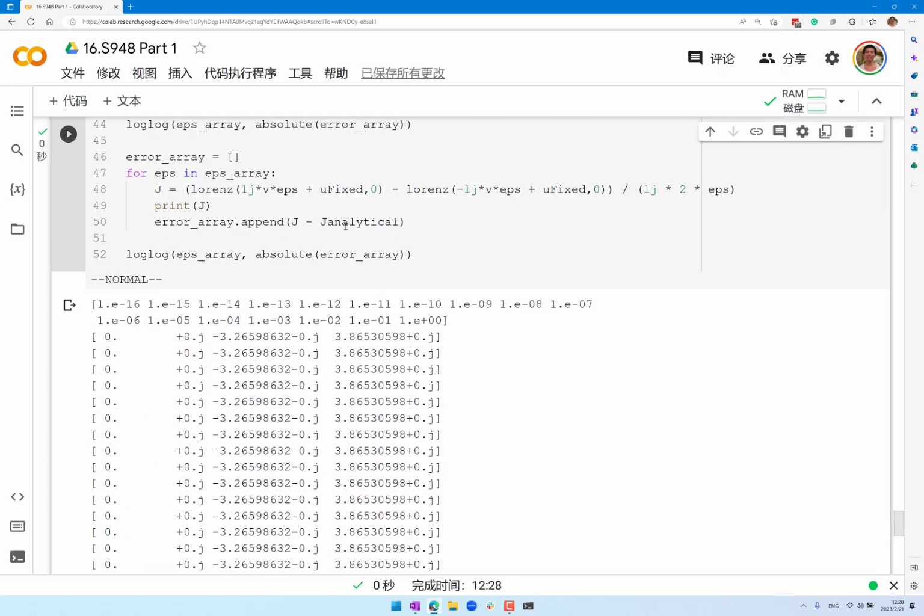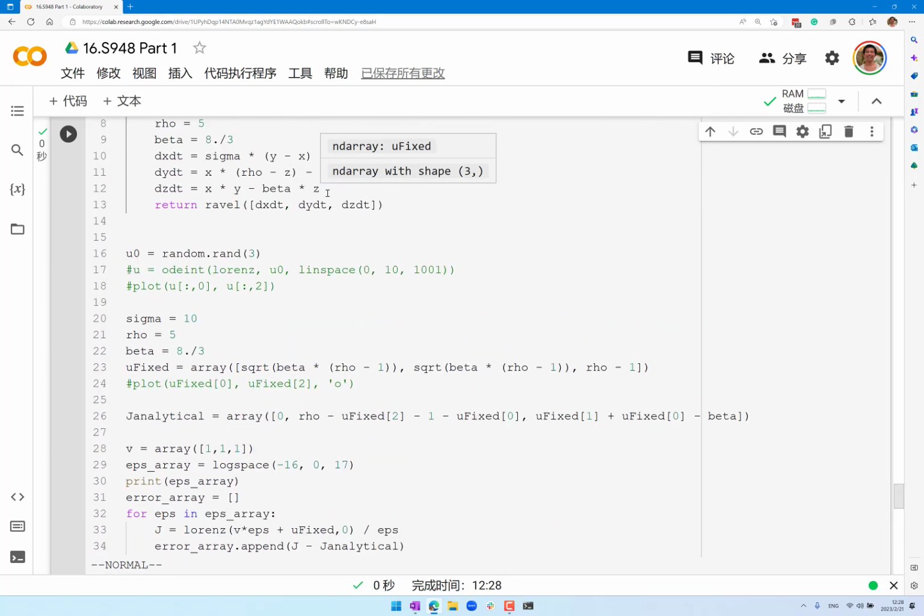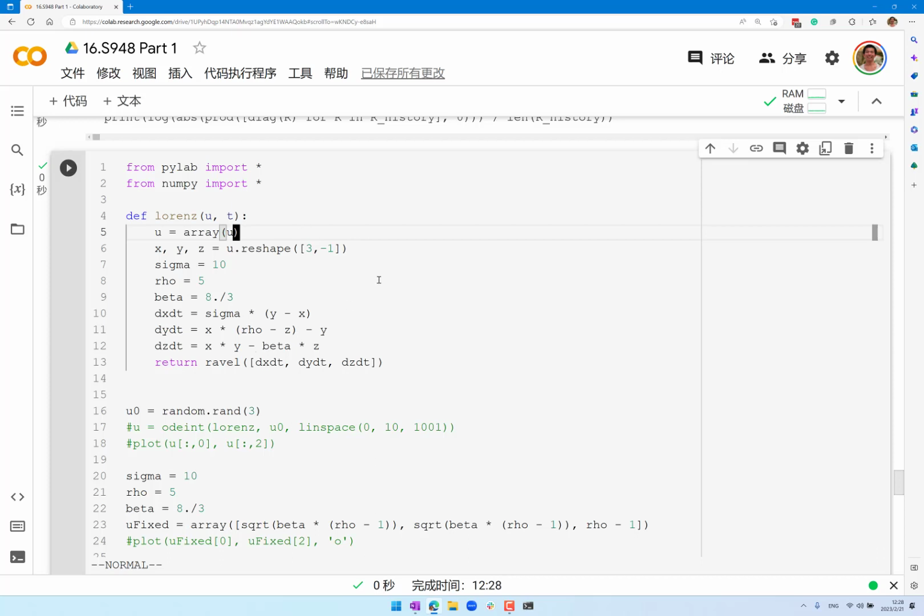This is because when I'm perturbing in the imaginary axis, what the computer does is it actually uses two double precision floating points to represent that complex number. And in all the elementary arithmetics, I mean, the Lorentz is almost the ideal case. It only involves addition, subtraction, and multiplication.